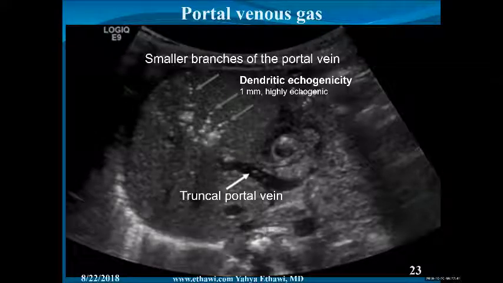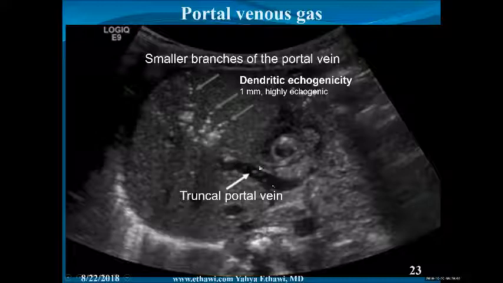Portal venous gas, they are either true gas in the portal vein, or sometimes you see it in the branches as dendritic echogenicity. Okay, because they are in the smaller branches. So you can see the dots here.